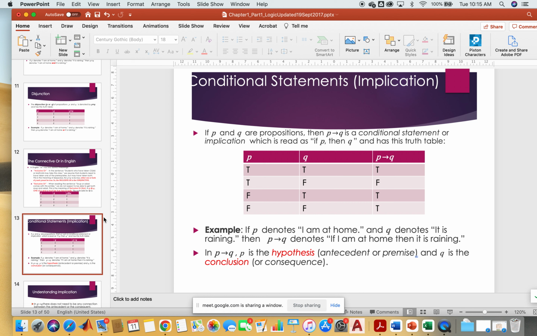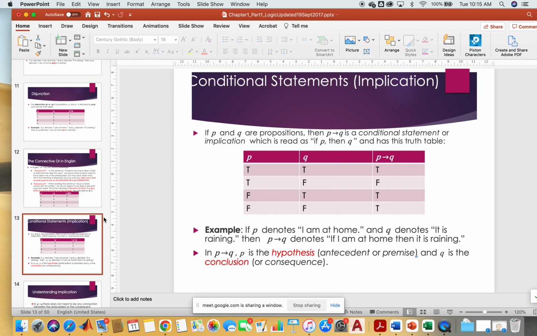Yeah? Right. So we move into the biconditional. Right? So for the biconditional, it has this symbol. This one. 2 arrows. Both right and left. Alright?